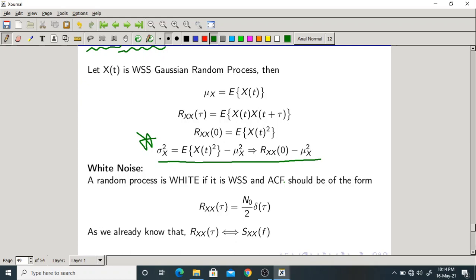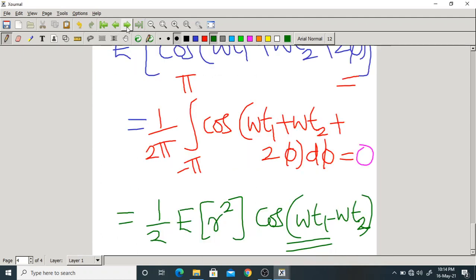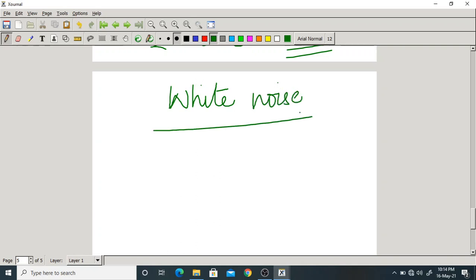Now, white noise. We have some kind of noise called white noise. A random process is white if it is WSS and its ACF follows this form. White noise is a white random process.